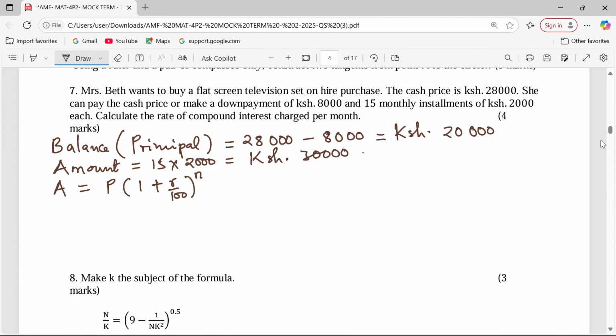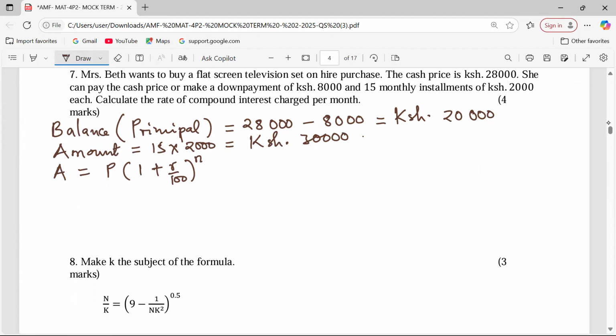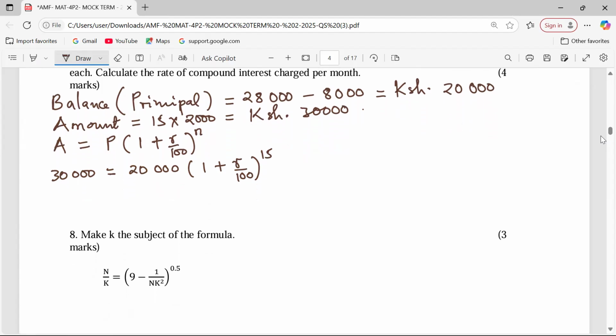N is the number of interest periods. For that case, I shall substitute whatever values we already have. 30,000 equals 20,000 into 1 plus rate over 100 raised to 15.